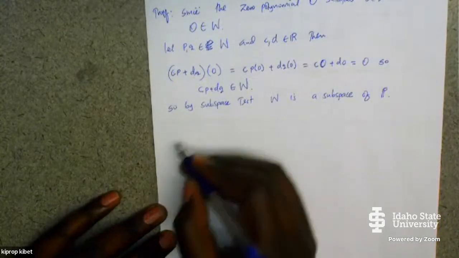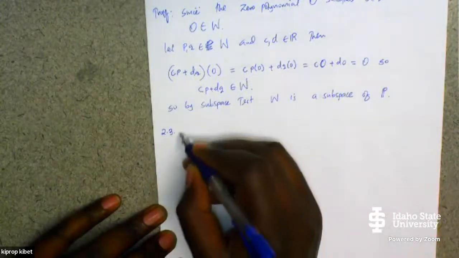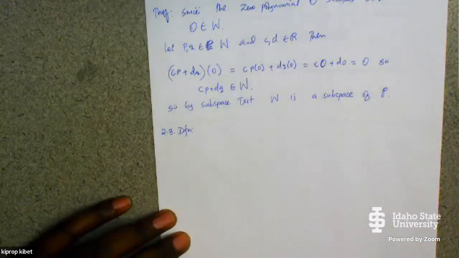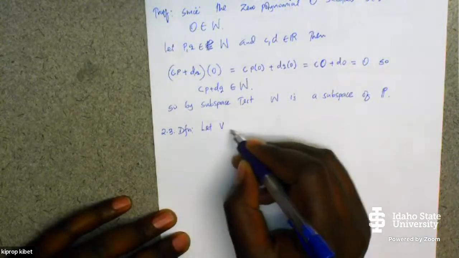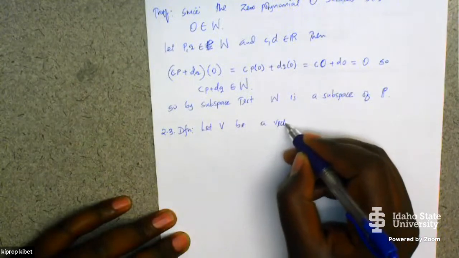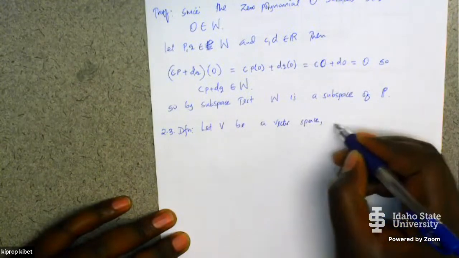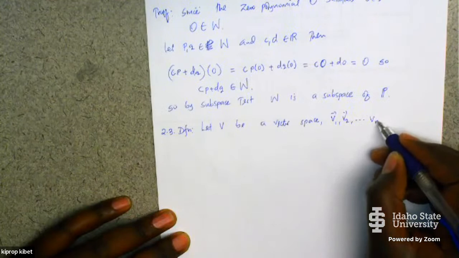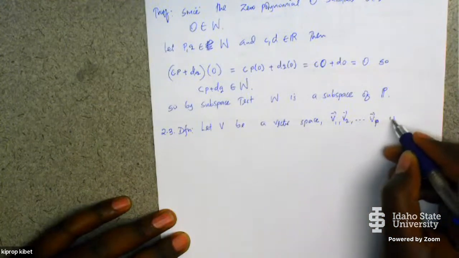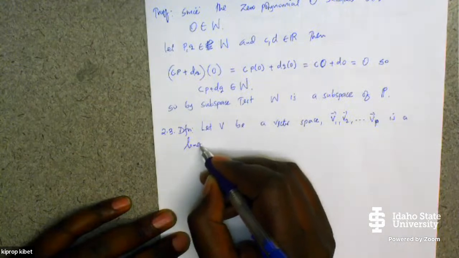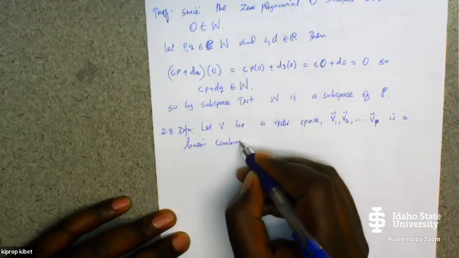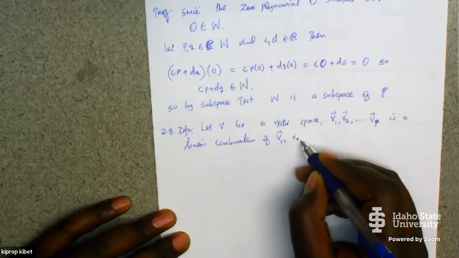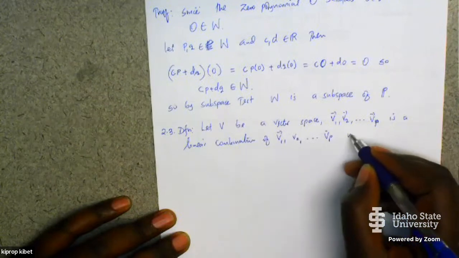Okay, now let's look at definition 2.3. This one we already have.